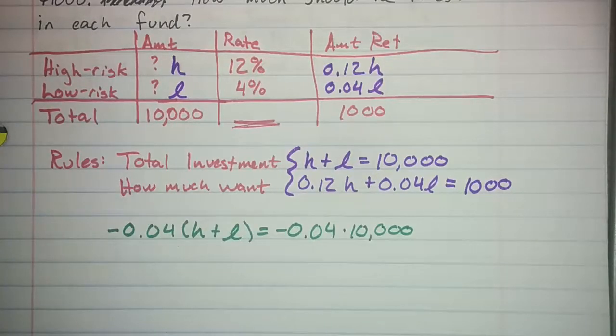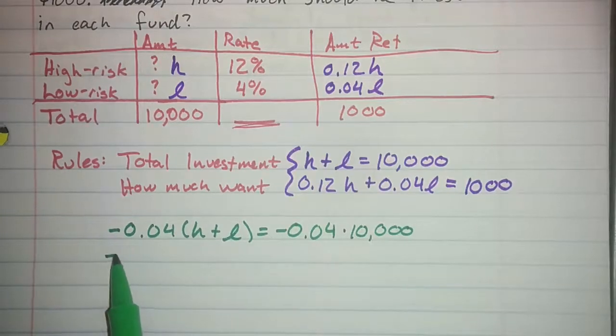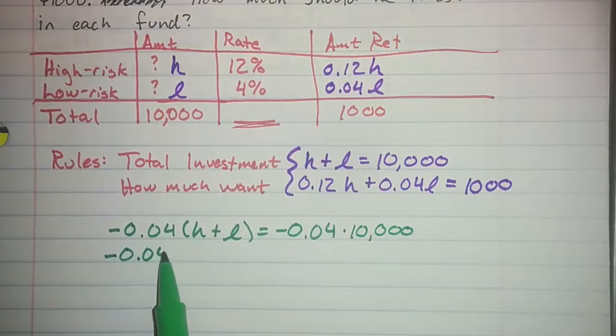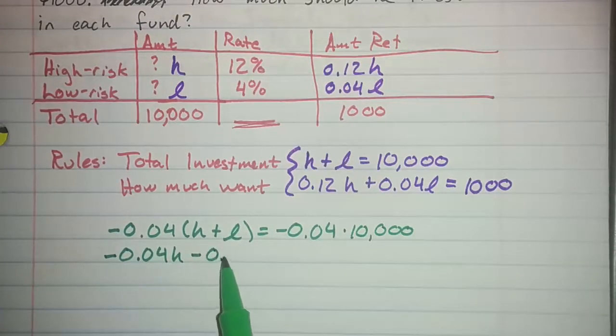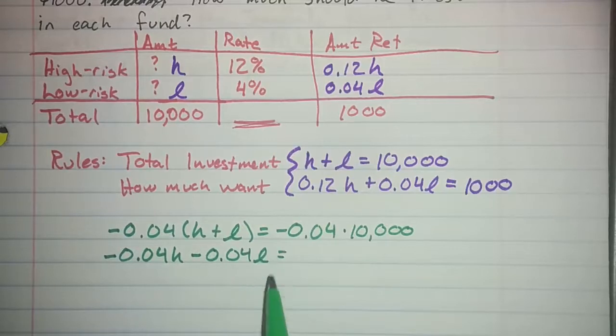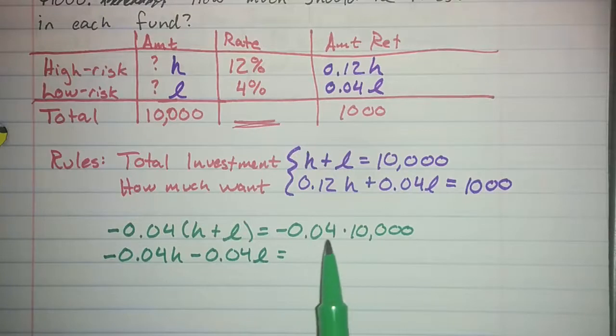If you chose to eliminate H, that's totally fine. Watch and make sure you get the same answer as I do. So negative 0.04H minus 0.04L equals, all right, this is going to be a 4 with some number of zeros after it.